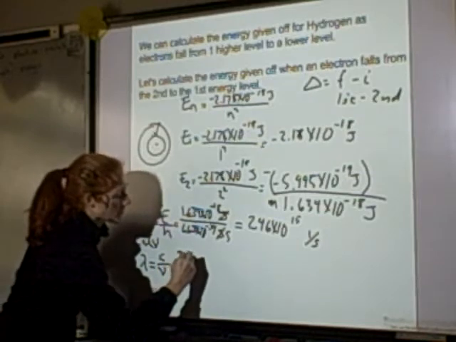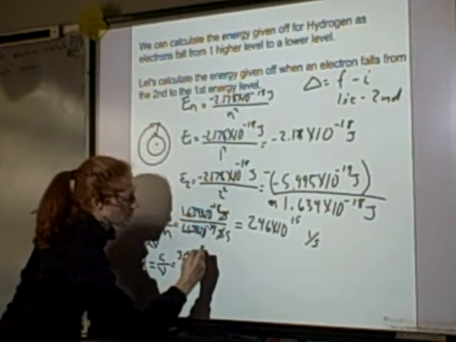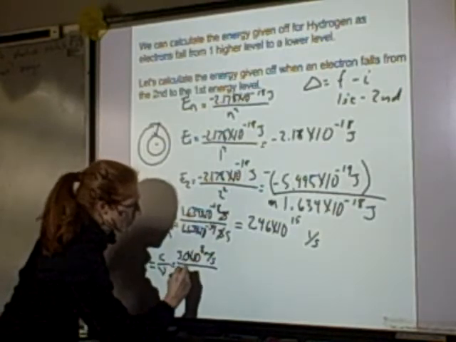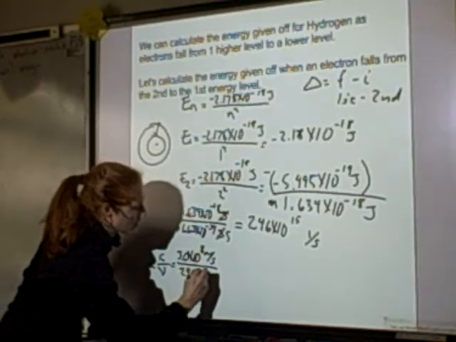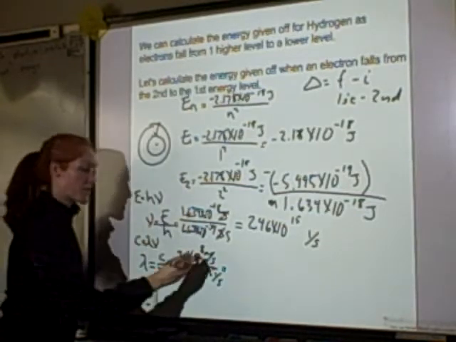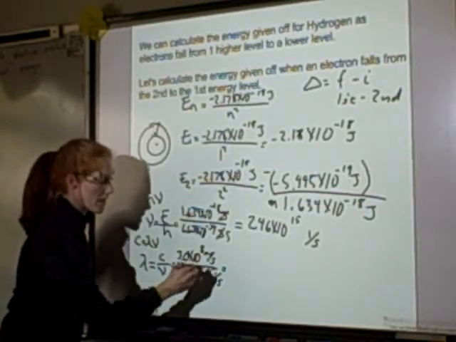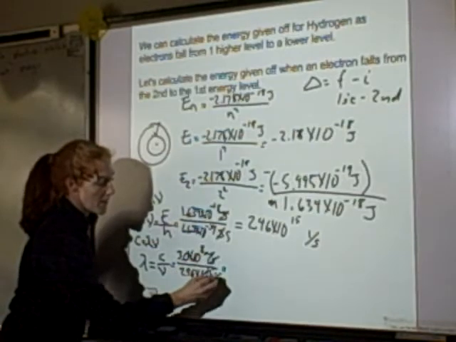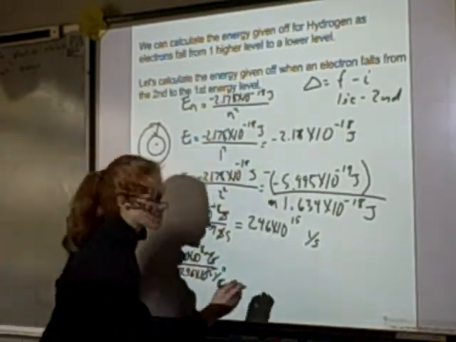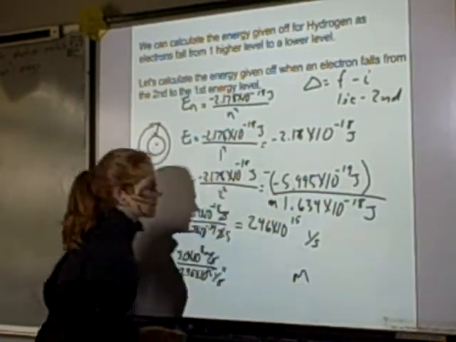That's 3.0 times 10 to the 8th meters per second is the speed, divided by 2.46 times 10 to the 15th cycles per second. So I've got meters per second divided by per second. I'm left measuring length in meters, and that would be a good unit for length.